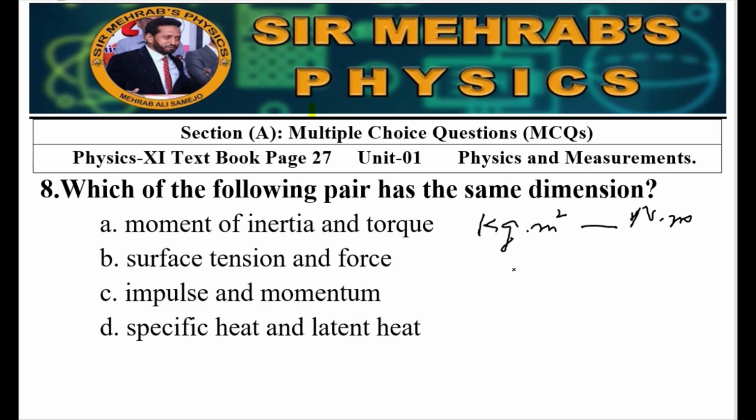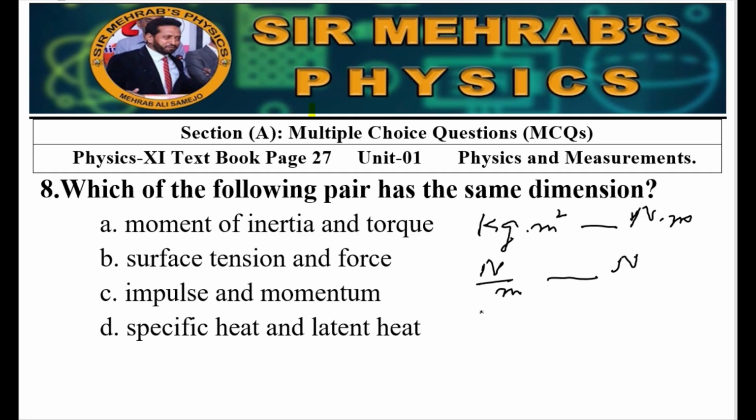When you talk about the surface tension, its unit is Newton per meter, while the unit of the force is Newton. So that means they both don't have the same unit. That's why the dimensions may not be the same. So impulse and momentum.